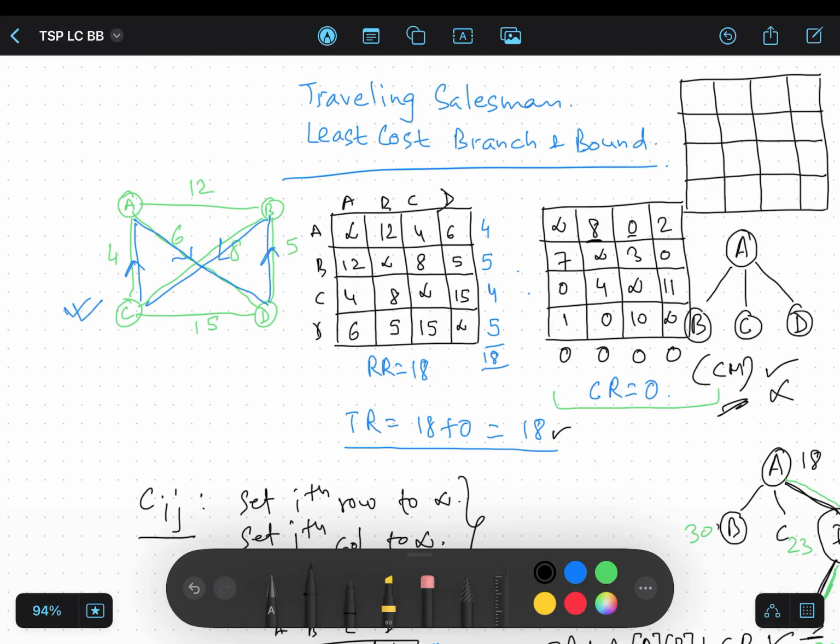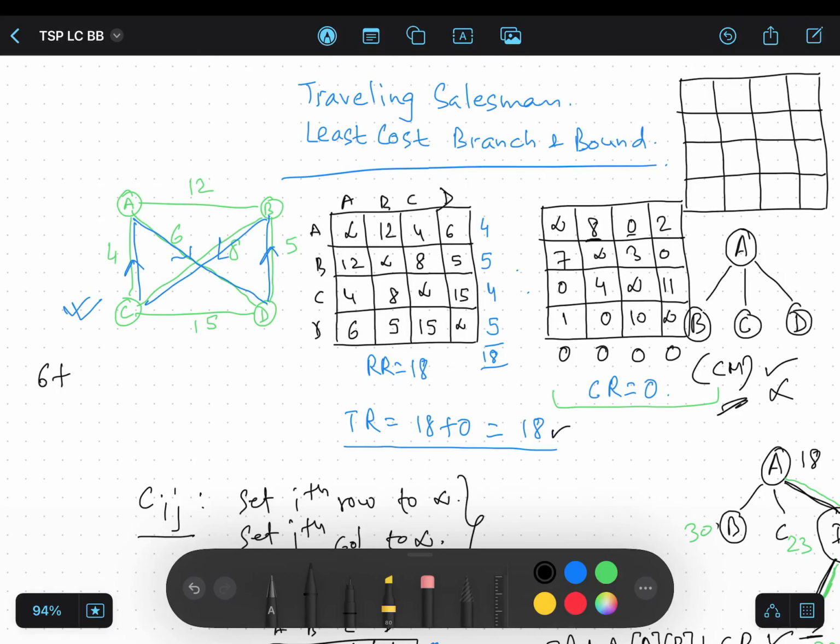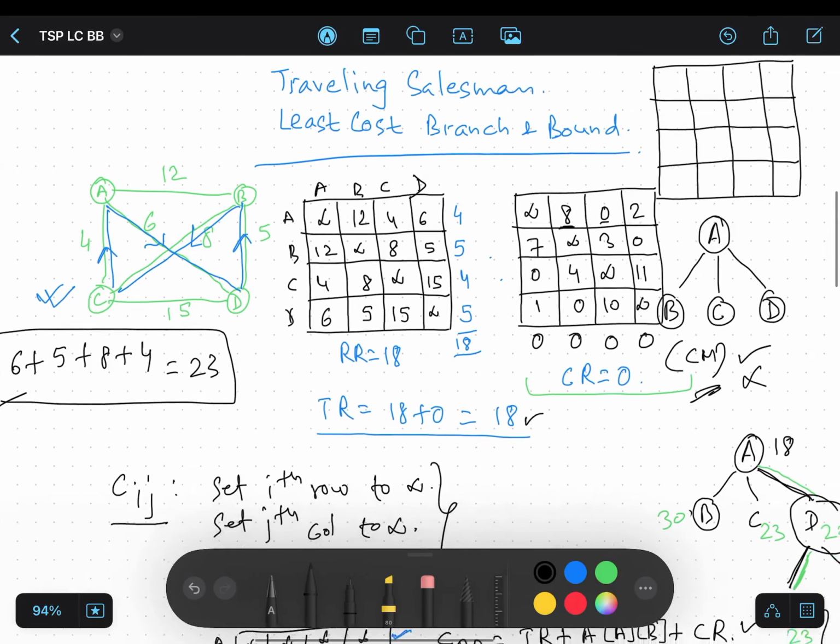So totaling this, we get 6 plus 5 plus 8 plus 4, which comes out to be 20. And this is your solution to traveling salesman using least cost Branch and Bound.